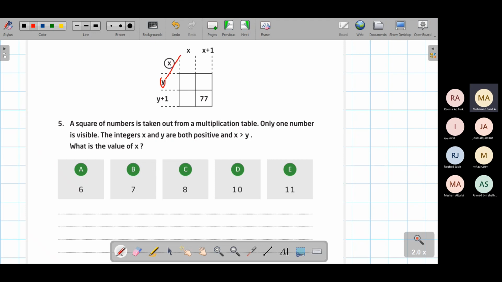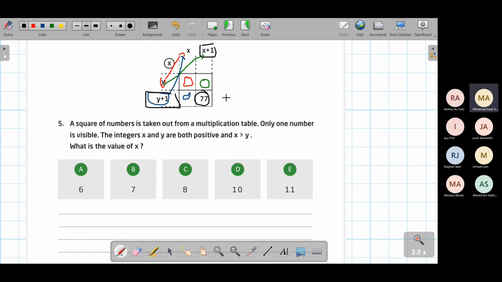For example, y times x, the answer will be here. Then y times x plus 1, the answer will be in the next box. Then for y plus 1 times x, your answer will be here. And finally, and the most important thing, if I multiply this one by that one, I will have 77.